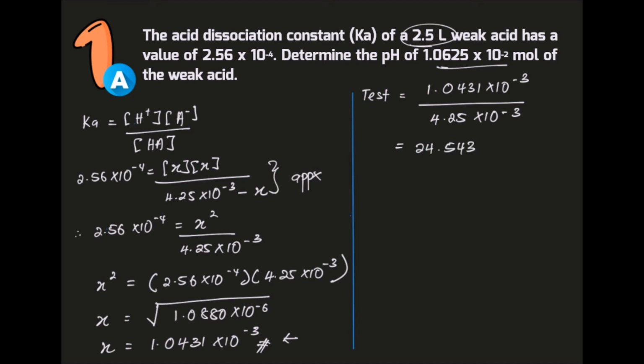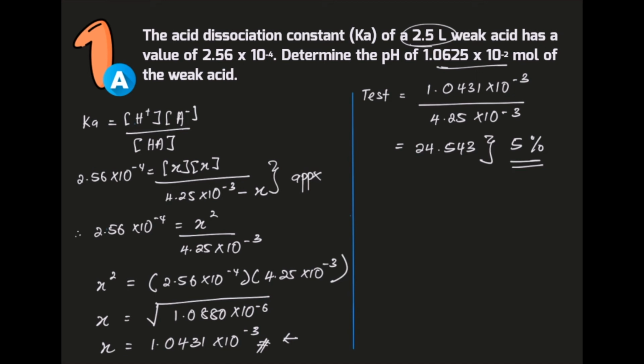24.543. So this is obviously too big because we need to get less than 5%. This is way more than 5%. So we need to find the new value of x. How are we going to do so? You need to remember the first time when we wanted to find the value of x, we used the approximation method.